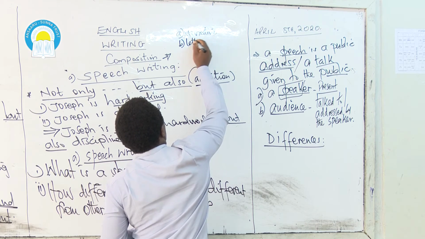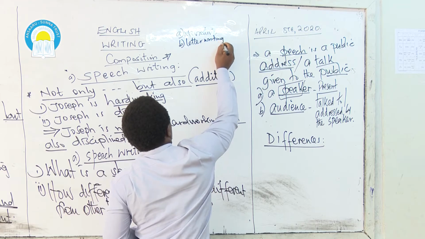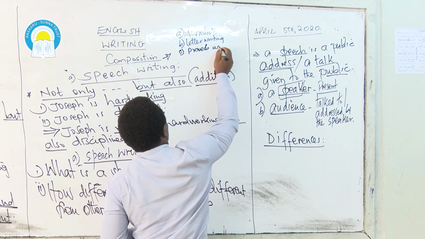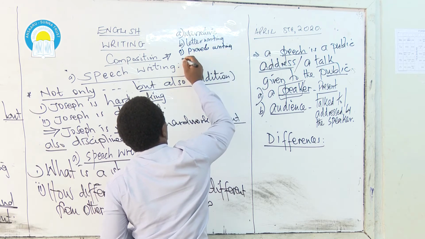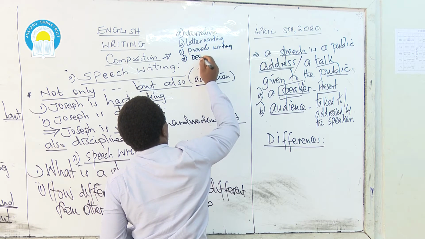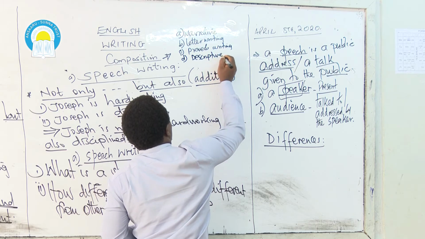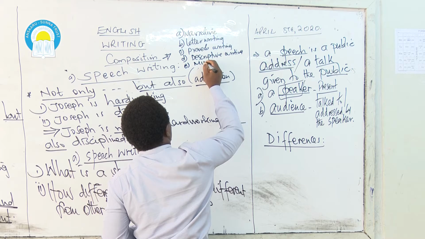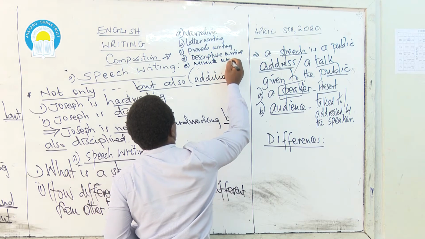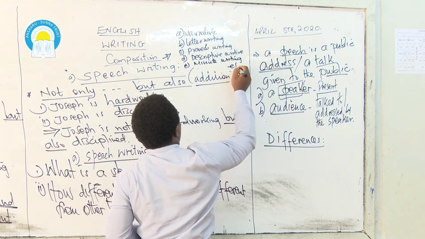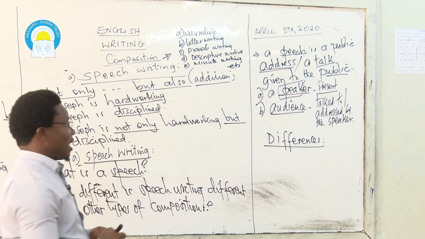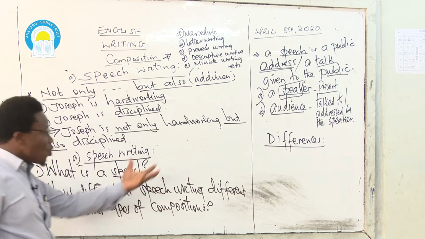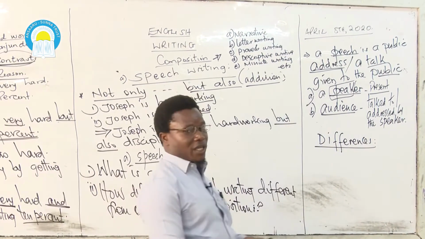Letter writing. What makes it look different from 3. Proverb writing. What makes it different from 4. Descriptive writing. What makes it different from 5. Minute writing. Among others, like discursive and others, guided composition and others. So what makes this speech different from this?